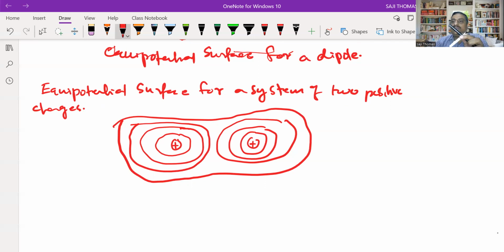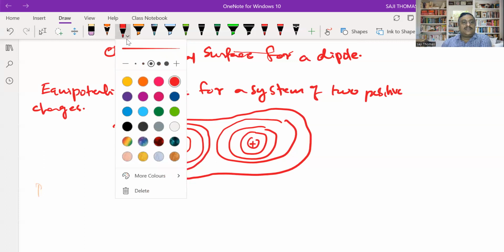Why is it perpendicular? If it is not perpendicular, there will be a component of the electric field which makes the charges move over the surface. That is not possible. These are the properties of equipotential surfaces.